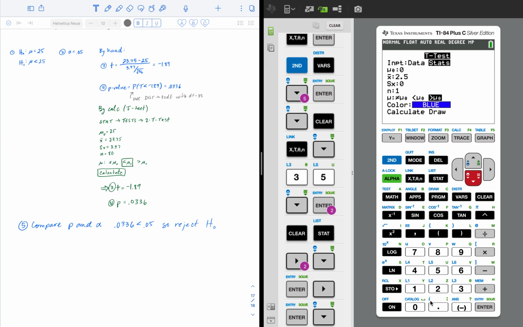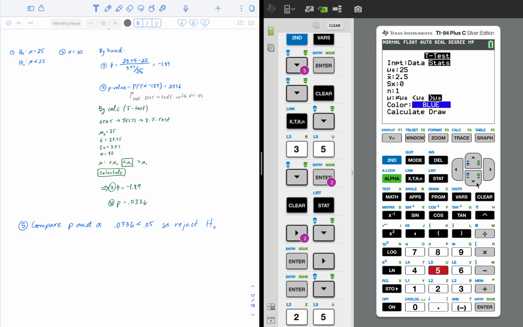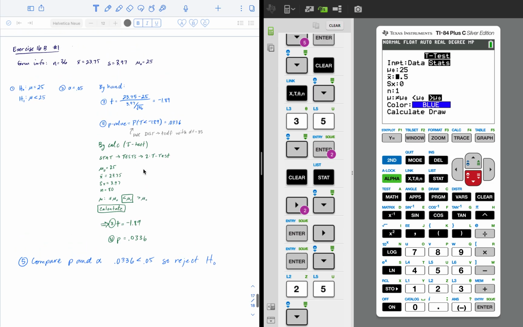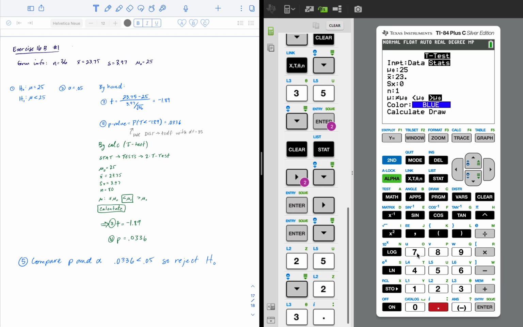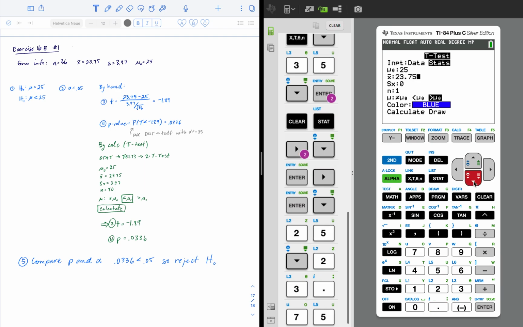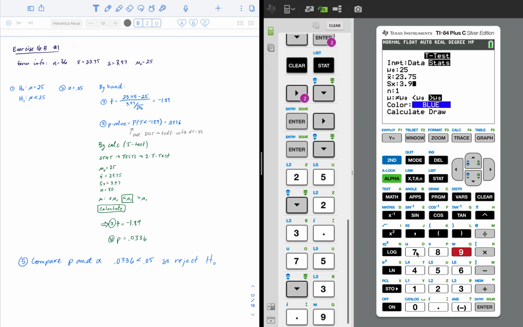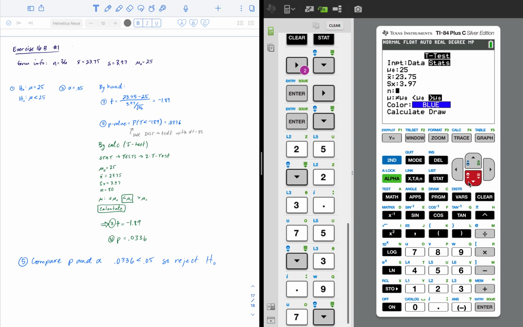Our mu naught is 25. Our sample mean was, what was it again? 23.75. Sx is our standard deviation, 3.97. Our n is our sample size, 36.